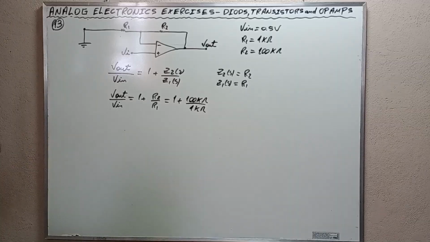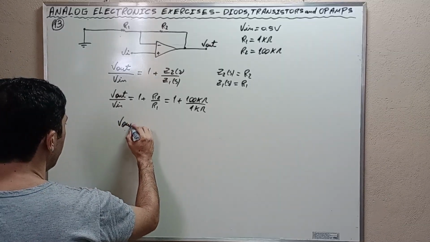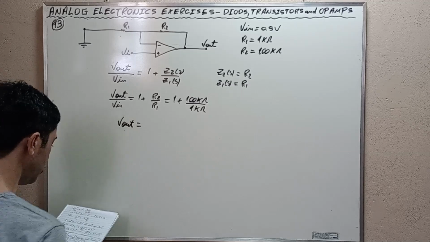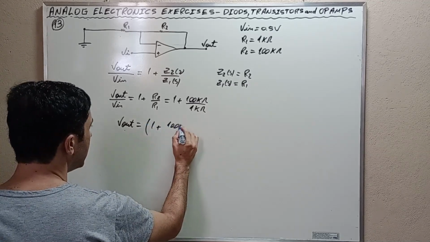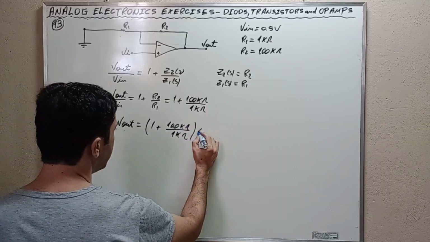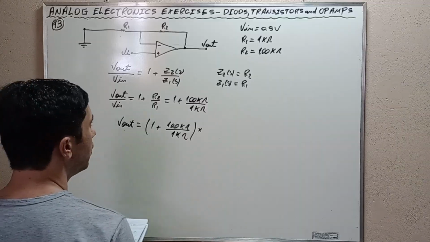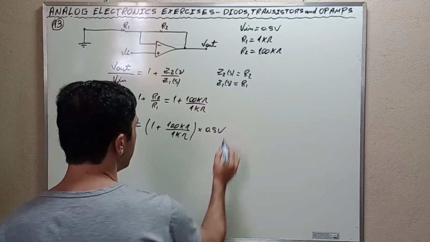We wish to calculate the value of V out. The exercise wanted us to calculate the value of V out. Therefore, V out is going to be equal to 1 plus 100 kilo ohms divided by 1 kilo ohm times the value of the input voltage, 0.5 volts.